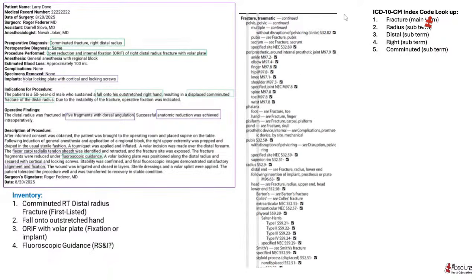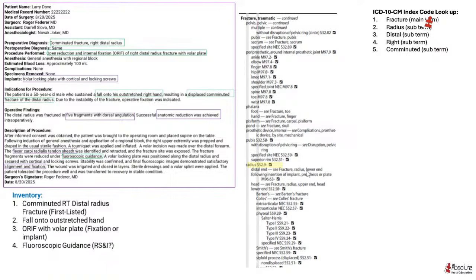So I'm going to go to the fracture section. I'm going to scroll down until I find my radius, right? And then underneath radius, I'm going to look for any of these subterms, but right up underneath distal end, see right underneath, it says see fracture, radius, lower end.